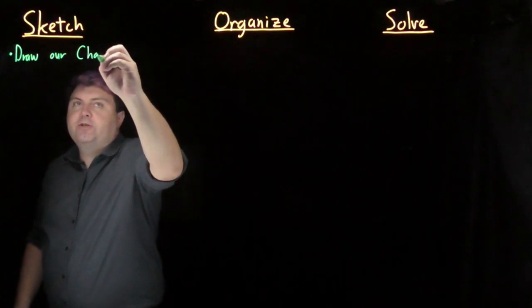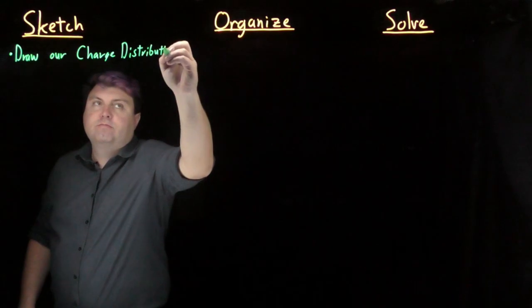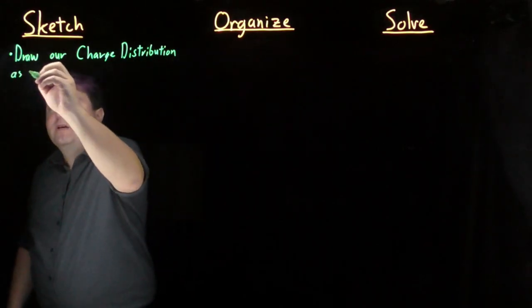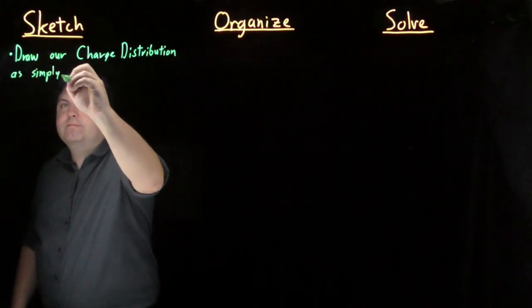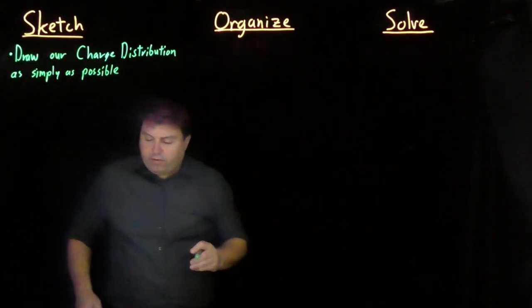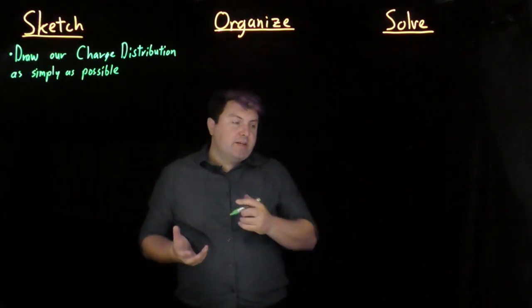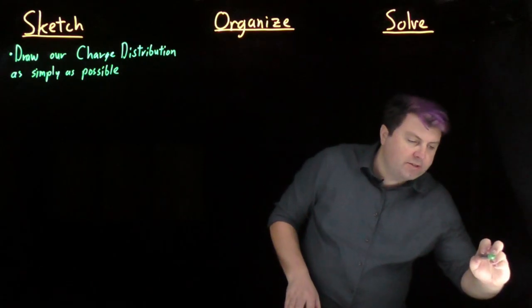and we want to draw our charge distribution as simply as possible. And again, what we want to do is reduce dimensions as much as we can. In this case, we're going to think of a semi-hollow disk.